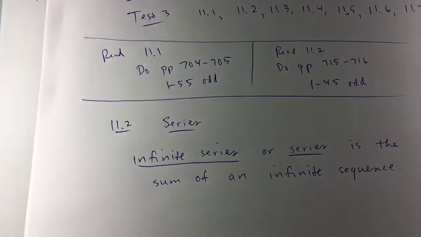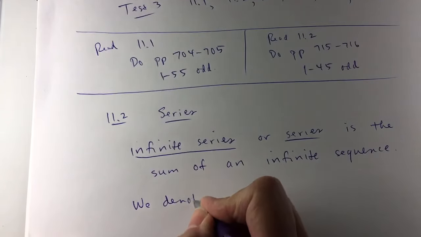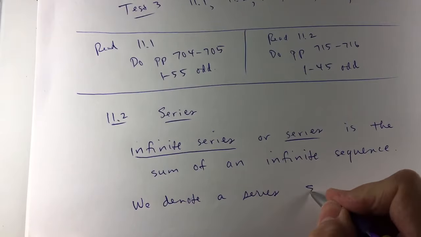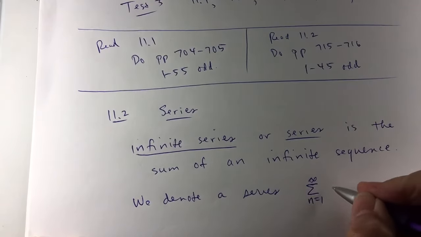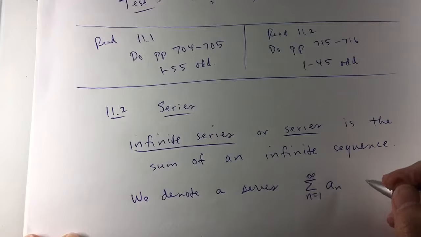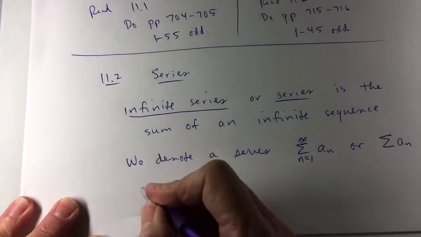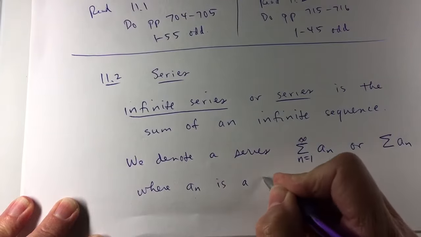We talk about the sum of an infinite sequence here. So here's how we denote a series. We denote a series as the sum as n goes from 1 to infinity of a sub n, or sometimes they'll just write the sum of a sub n, where a sub n is a sequence.